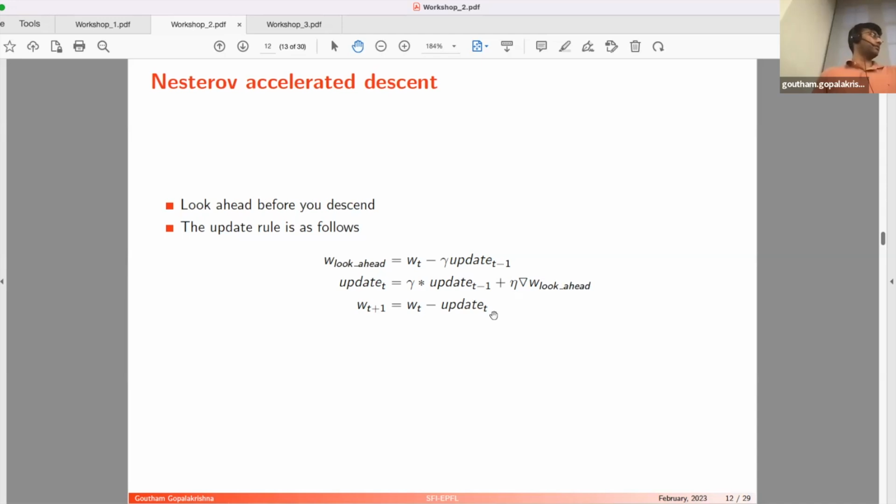Why is this important? Because look ahead tells you that when you're going down the hill and about to reach the global minimum, and you compute the gradient at the valley, the gradients are going to be smaller, which means it's better for you to apply brakes. So this look ahead property allows you to apply brakes when you're going down the hill towards the global minimum. That's the idea.